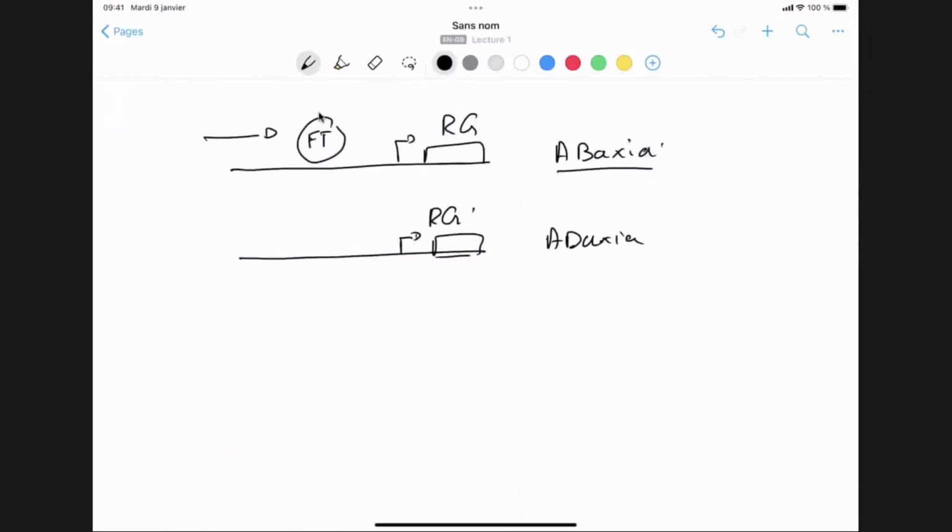So exactly the same as the growth hormone factor. So if this transcription factor is only expressed in this abaxial cell, it's going to be able to activate the response gene.